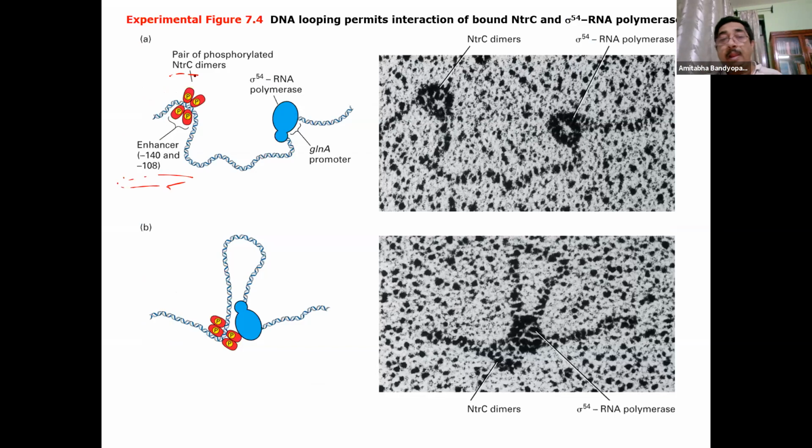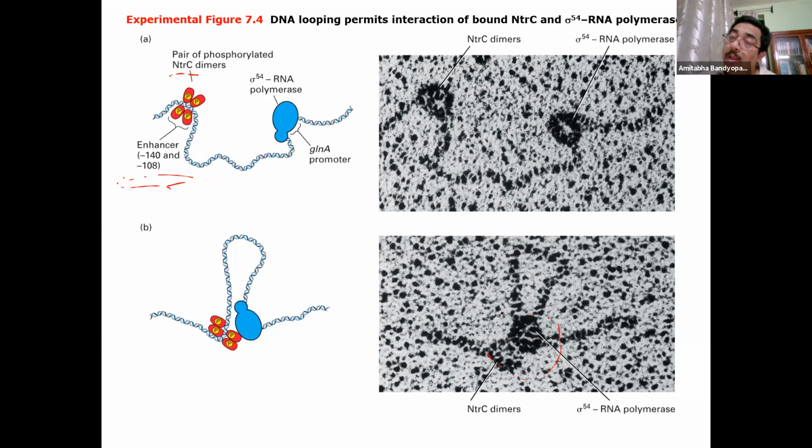And DNA bound NTRC can interact with the sigma 54 RNA polymerase, you see. So that's how this NTRC can increase the rate of recruitment of RNA polymerase to its promoter.